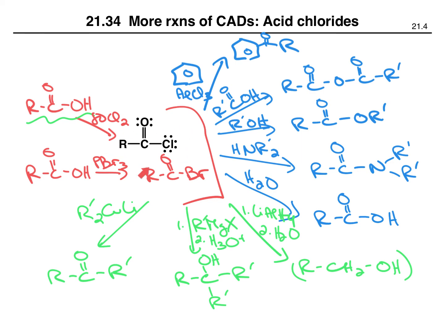So with an acid chloride, you can use a Grignard to add 2 equivalents to end up with an alcohol, or you can add a cuprate where just 1 equivalent will add to give you the ketone, and then it does not undergo a second addition. So we have just a couple of ways to make acid chlorides or acid bromides, but we have a lot of reactions that these can undergo.